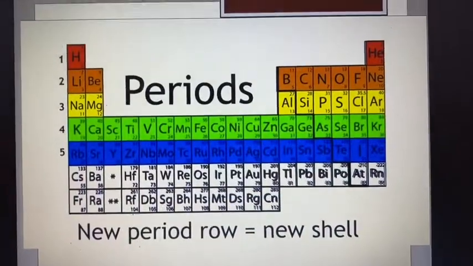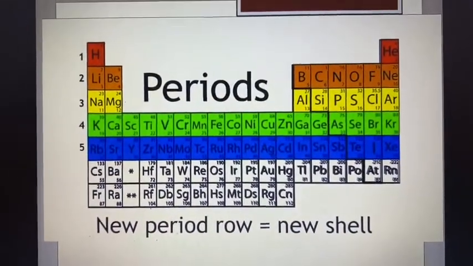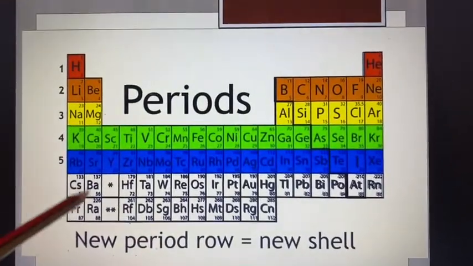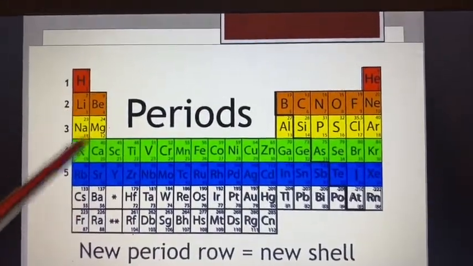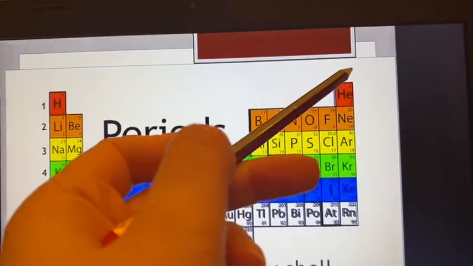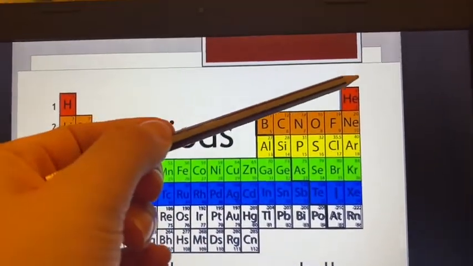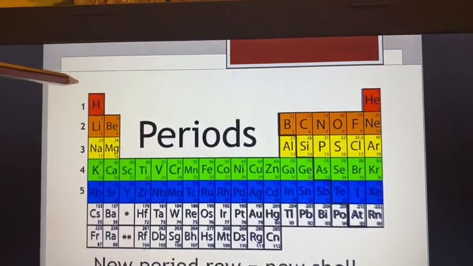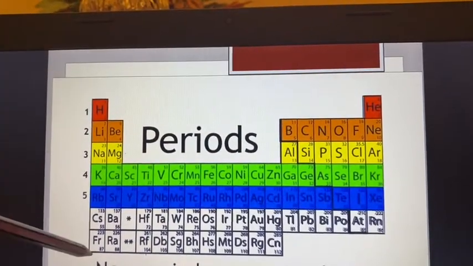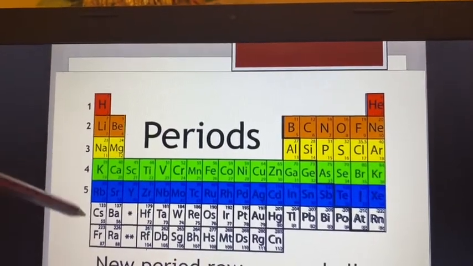Now, talking about reactivity and how fast they react in a reaction, groups 1 and 2 are metals and they are the most reactive elements. While moving from left to right in the periodic table, the reactivity decreases, and moving from the top to the bottom of the periodic table, the reactivity increases.